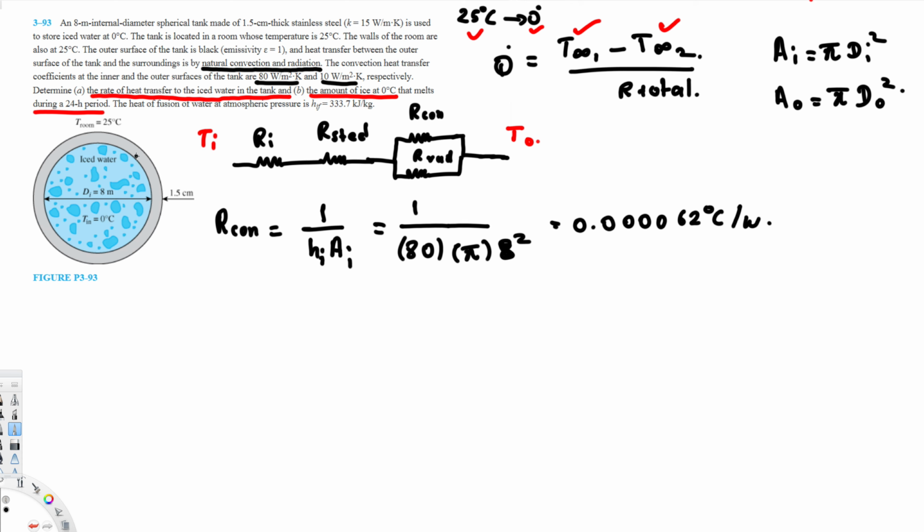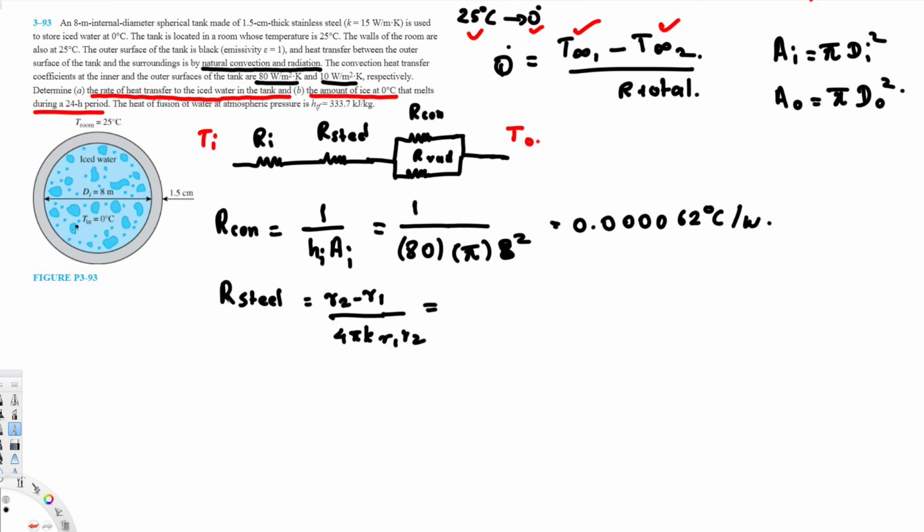Now after that we have the steel. That's going to be conduction, right? So let's put our R steel. Whenever we have a spherical shape, we use this equation for conduction, that is R2 minus R1 over 4 pi k R1 R2. So this is the equation when we have a spherical shape. Let's go ahead and plug the values.